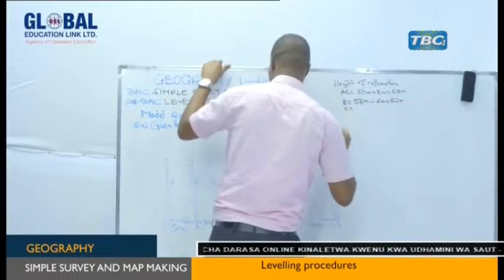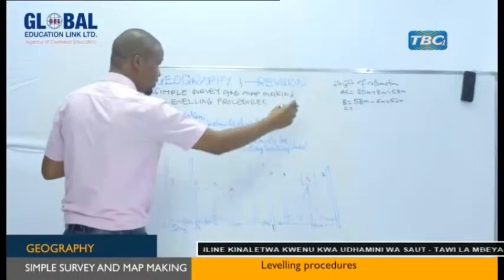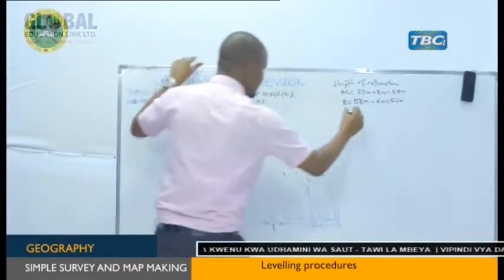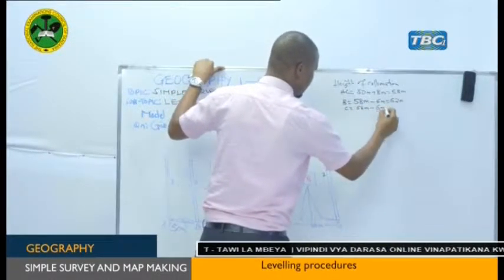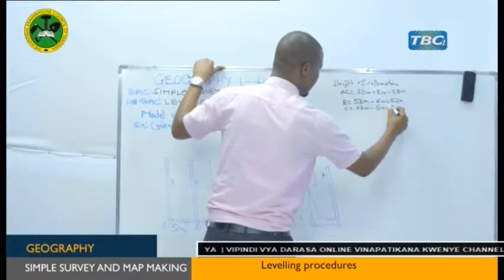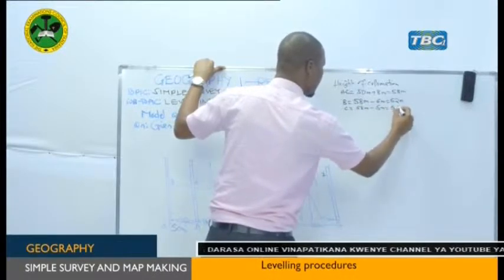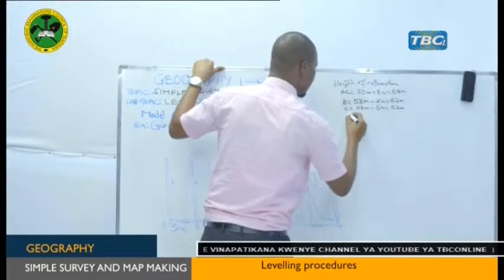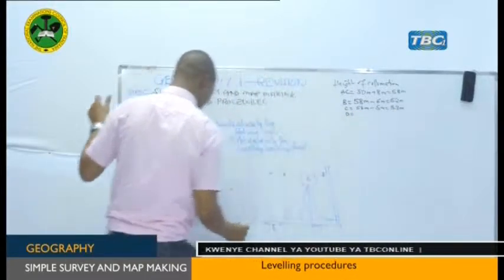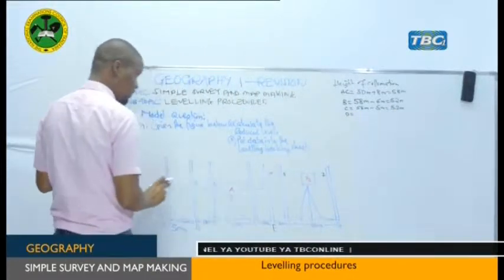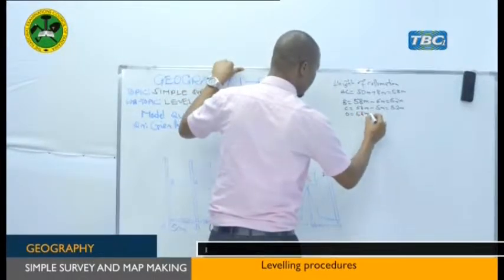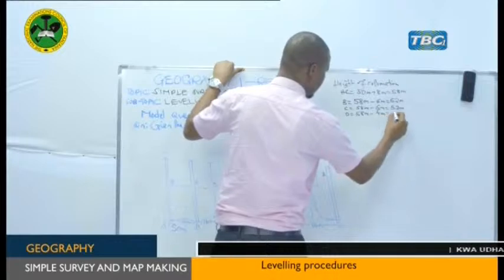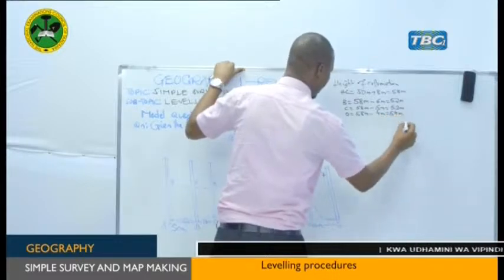Then we go to point C. At point C, we take 58 minus 5. See, 58 meter minus 5 meter. It means we will get 53 meter. Then at point D, right here, we take 58 minus 4. 58 meter minus 4 meter, it means it's equal to 54 meter.